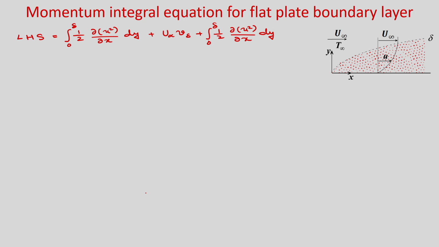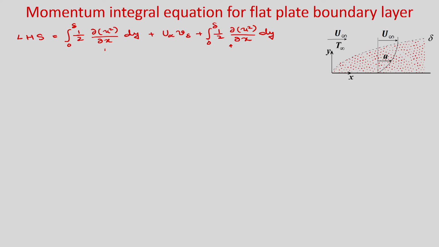Now, in this equation you can see v delta is unknown. So, what we will do now, we will again use the continuity equation and integrate between 0 and delta. These two terms, if you put together, it is half and half, so it will be 1. So, it will be just integral 0 to delta del u square by del x into dy, and for this we need to determine v delta.